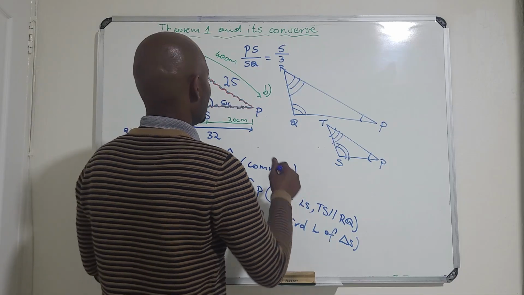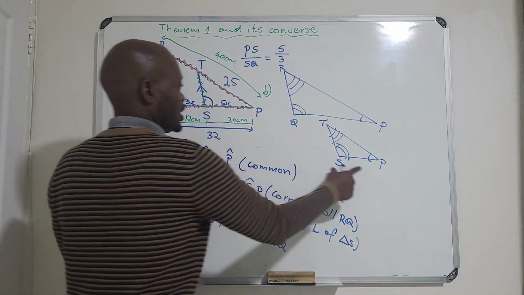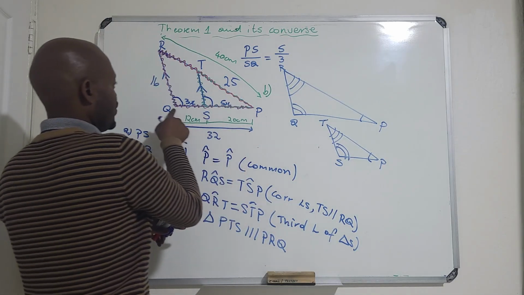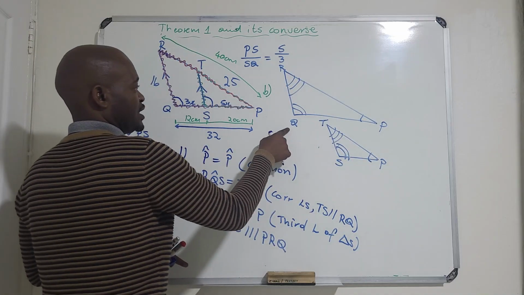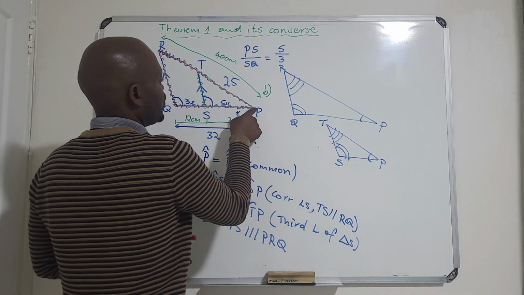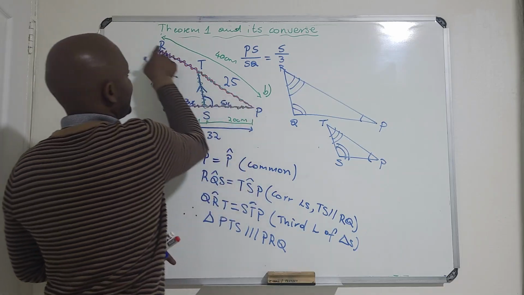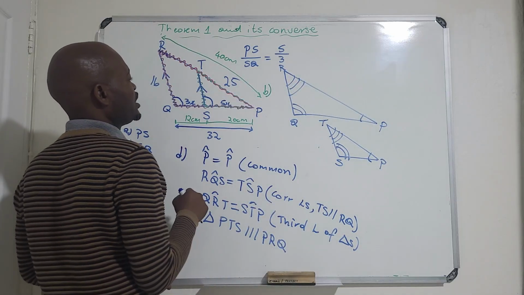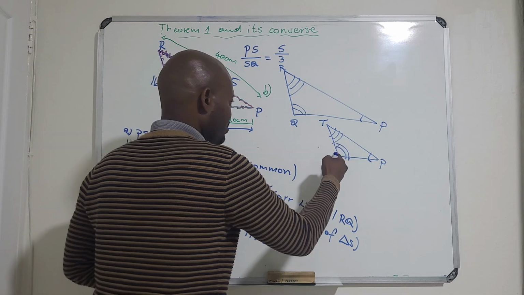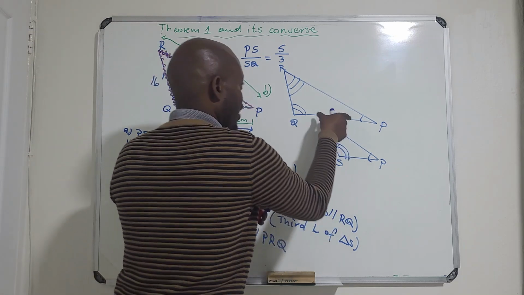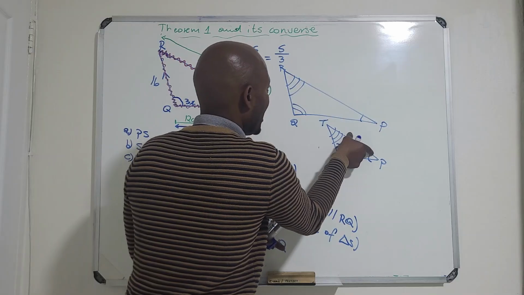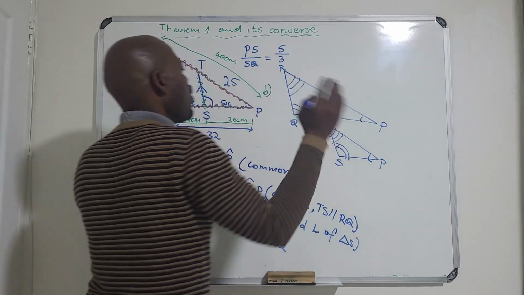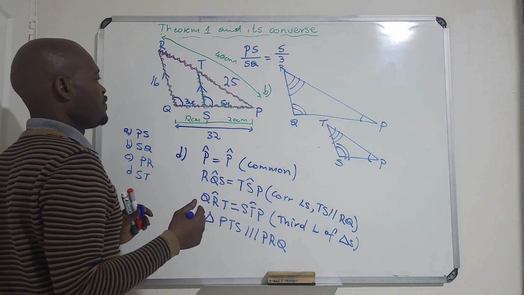Therefore, we say that this over this, over that, is equals to this over that, which is equals to this, because we're starting here over that, here over that, also here over that. However we wanted to do this, we could have found it.